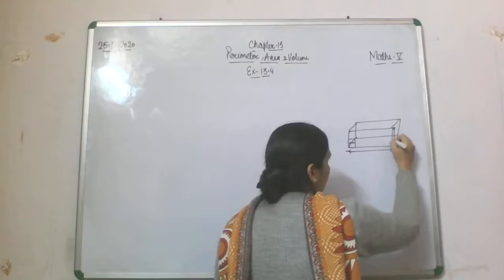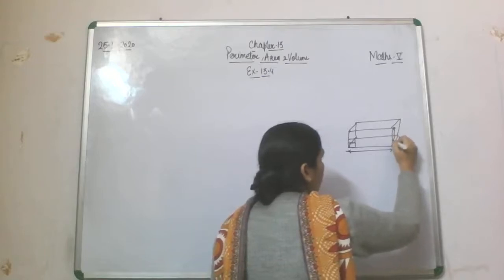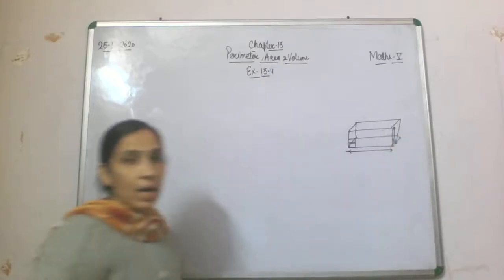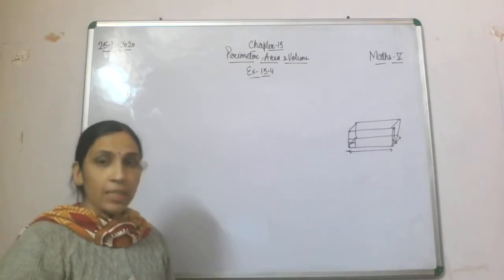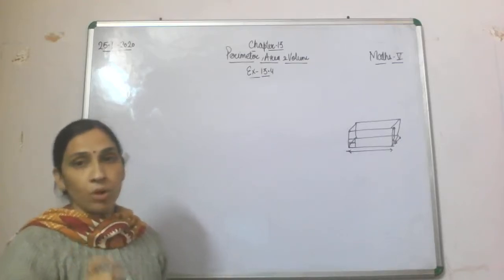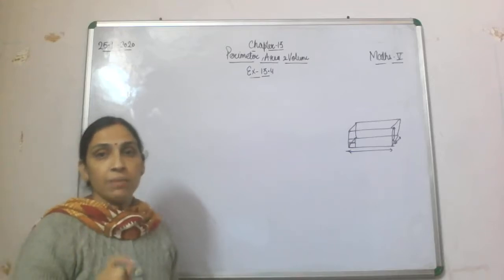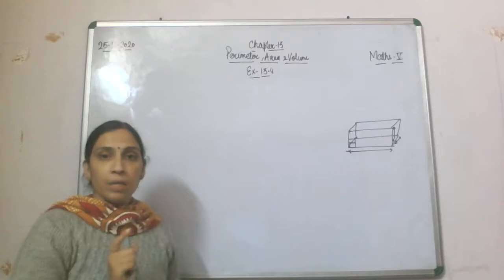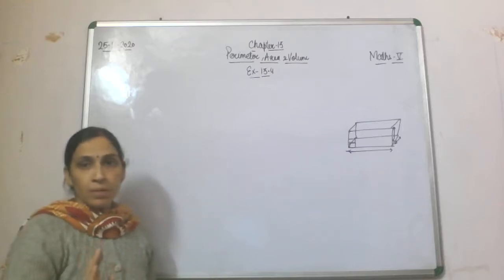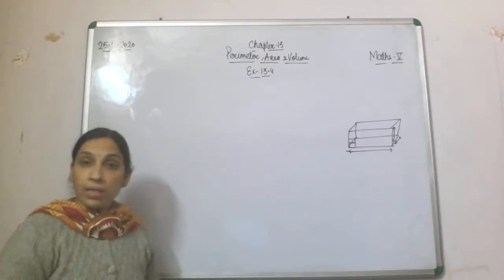Out of that metal block, how many cubical metal blocks of 5 centimeter side can be cut out? That is your question.